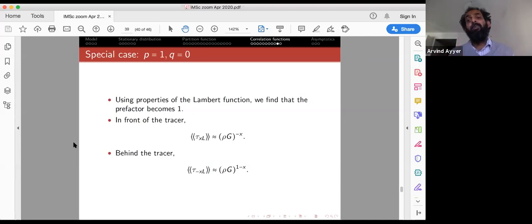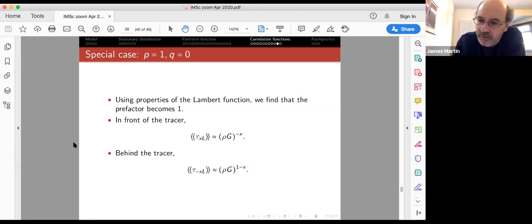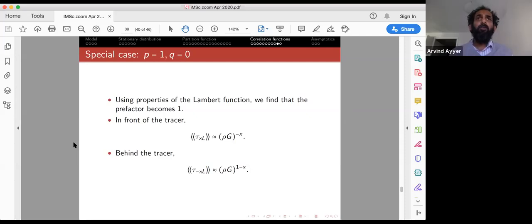The tracers can't overtake the other ones. That's right. So we have a general formula for any arrangement: any number of tracers in between any number of other particles. For that there's a formula, and we are trying to analyze the formula.